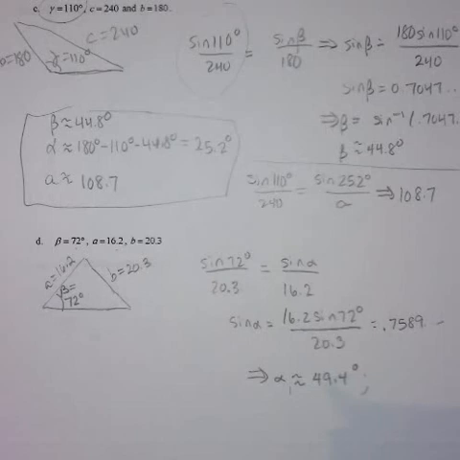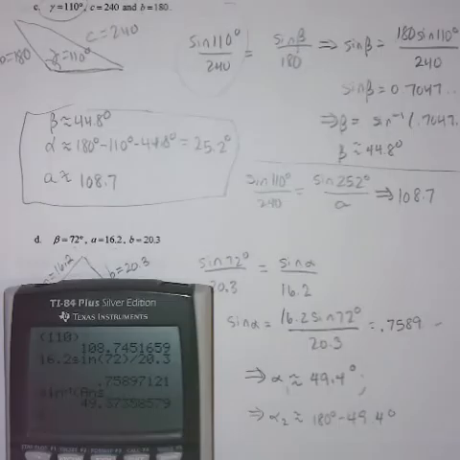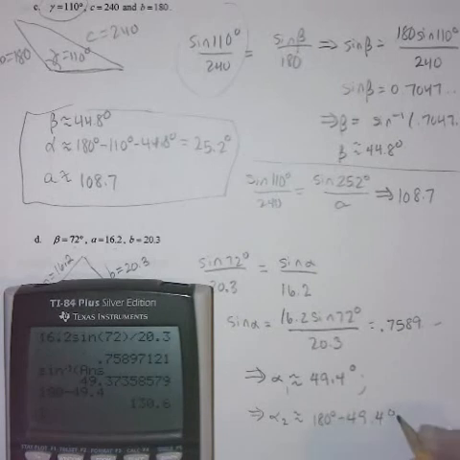Because you don't know yet. So you go ahead and say, all right, well then that implies alpha 2 would be 180 degrees minus 49.4 degrees, and you get 130.6 degrees, approximate, well, that's fine.